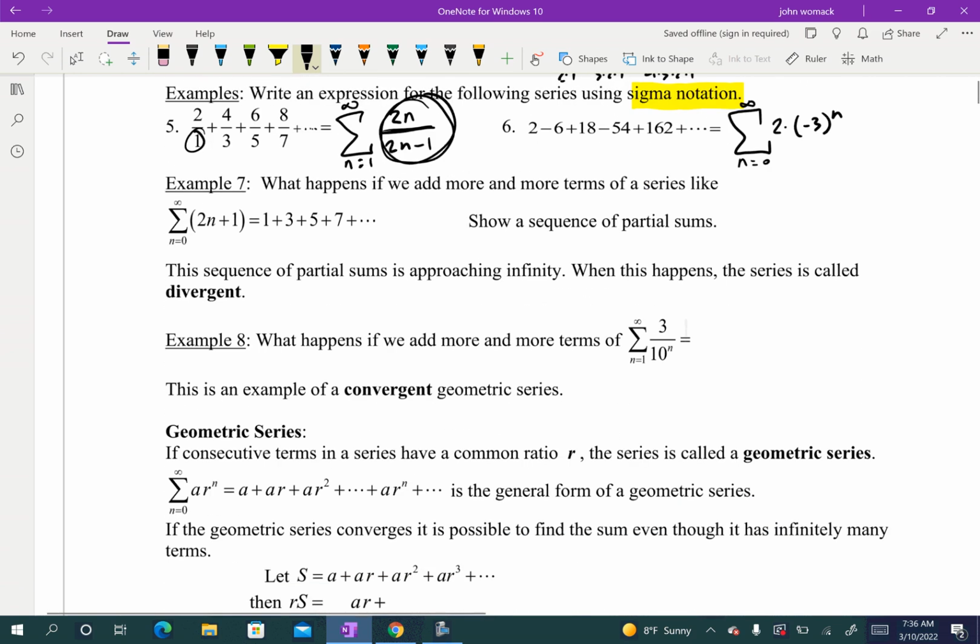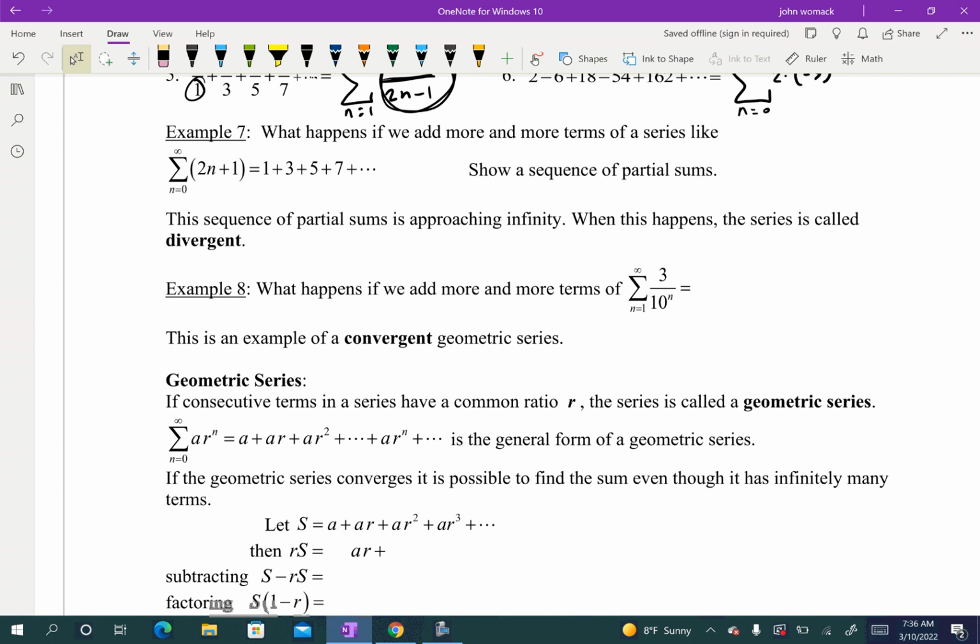All right, example 7 says, what happens if we add more and more terms of this series? Okay, so just think about what's happening with this one. If I just take the first term, it's just going to be 1. If I add the first 2, it's going to be 4.